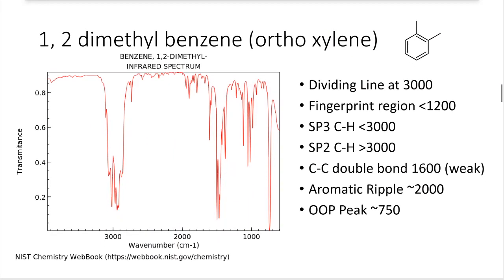So here we have ortho-xylene, which has all of the other features that we saw in toluene. We have that dividing line at 3000, a fingerprint region up to about 1200 or so, sp3 CH stretching just below 3000, sp2 CH stretching just above 3000, a carbon-carbon double bond peak, which is weak at around 1600, probably right here, and an aromatic ripple at around 2000.